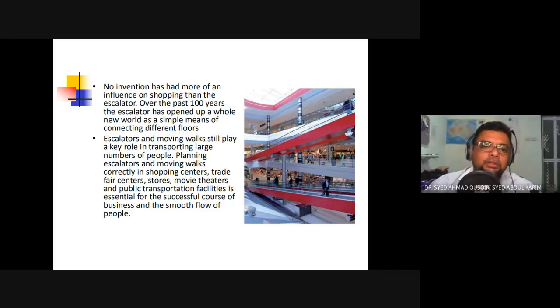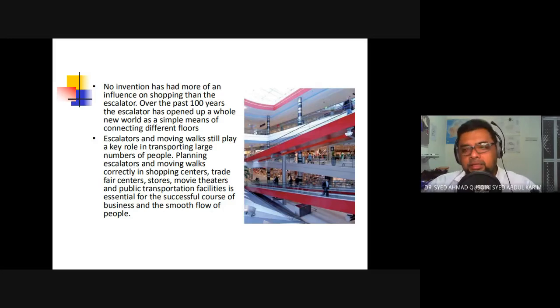If you do not install escalators or travelators, especially to reach the higher levels, it will be a hassle for customers, the pedestrians, to move up to the upper floors.